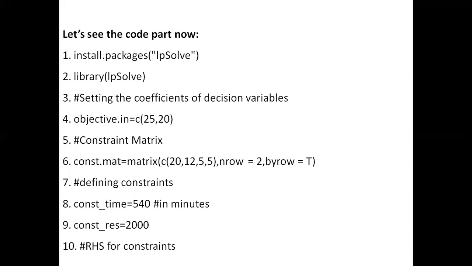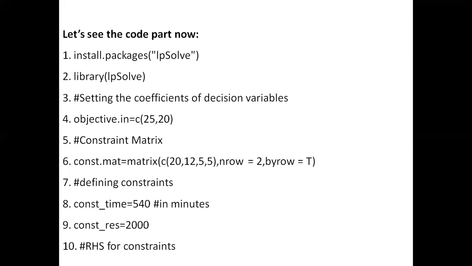So it is limited time, one shift of 9 hours per person. For constant resources, there is an availability of 2000 resources, but there is a limitation on utilizing this 2000.